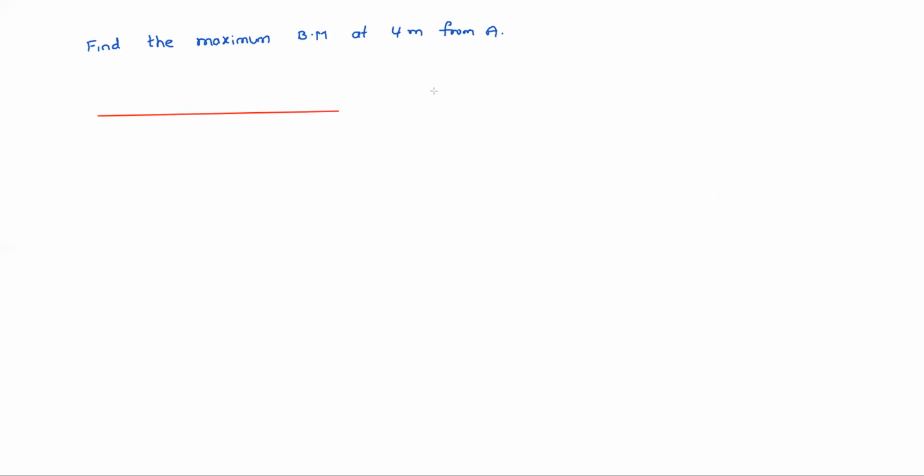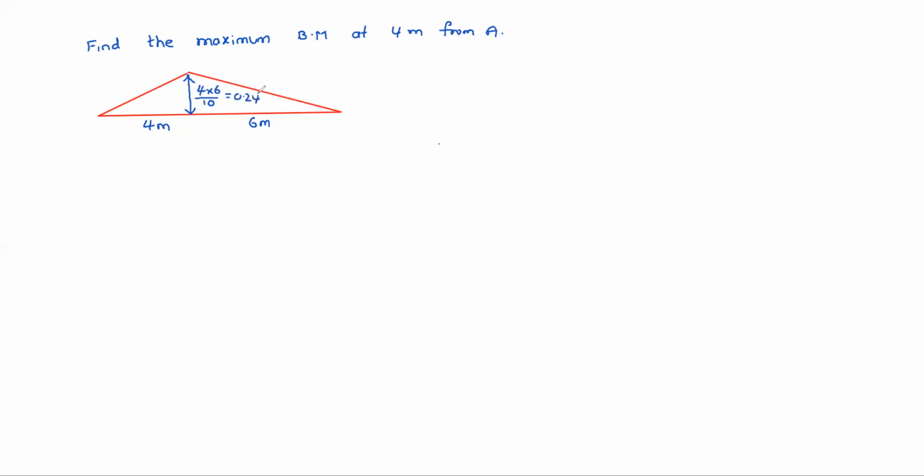At 4 meters, this is 4 meters, this is 6 meters. Here it is 4 into 6 by L, that is AB by L. So 4 into 6 by 10 equals 2.4.